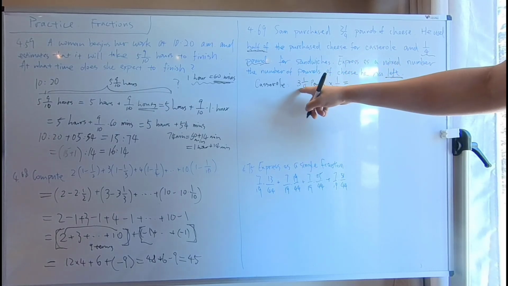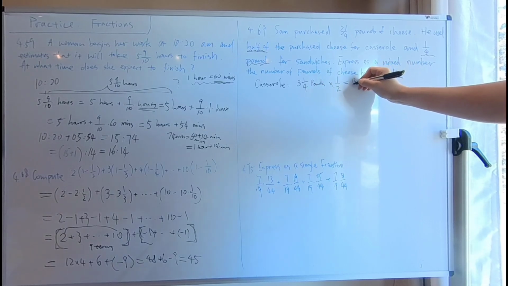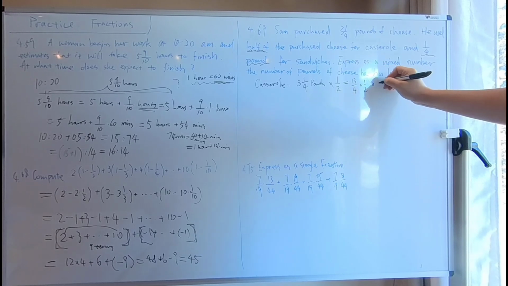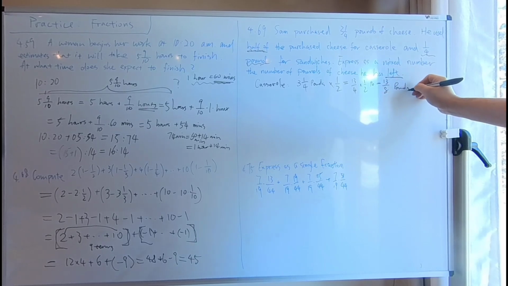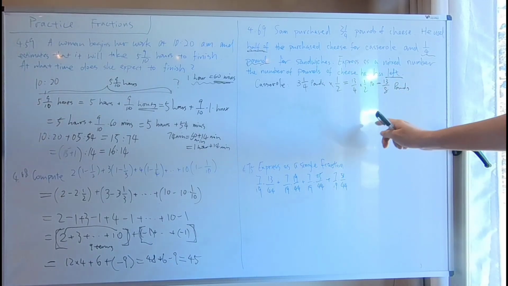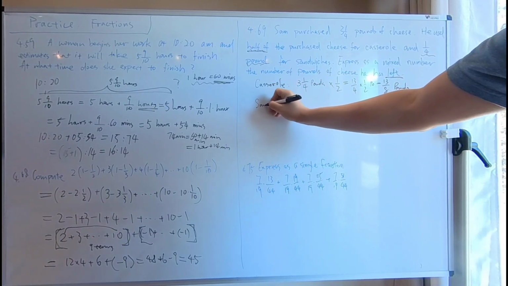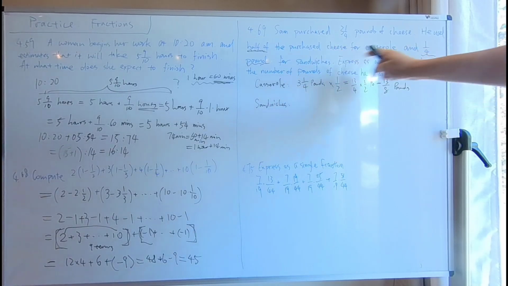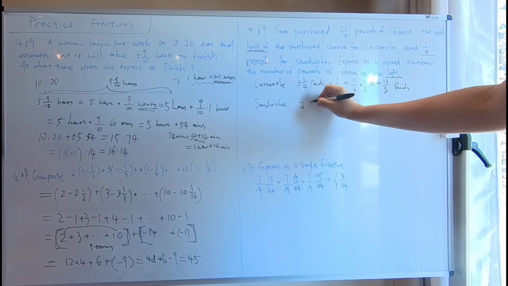My preference would be to convert this to a single fraction first. So it's 13/4, then times 1/2 pounds. And this gives you 13/8 pounds. Okay, so this is how much was used for casserole. Then sandwiches. For sandwiches, it's a direct number, so it's 1/4 pounds.